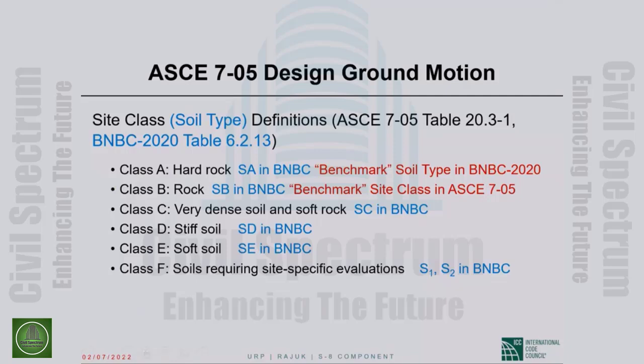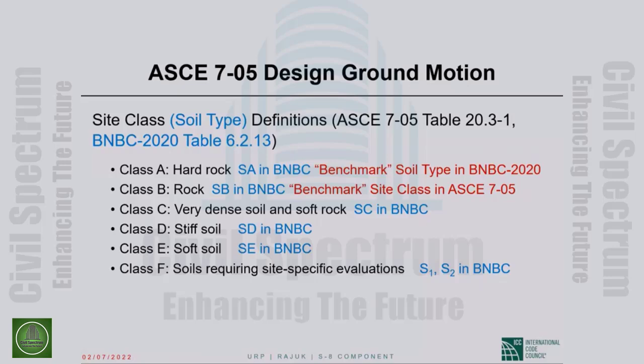Now, I mentioned that in ASCE 7-05, the benchmark site class is B. Everything is mapped for site class B. In Bangladesh, BNBC, the benchmark soil type is A, rock. The seismic zone map is for soil type A or rock.